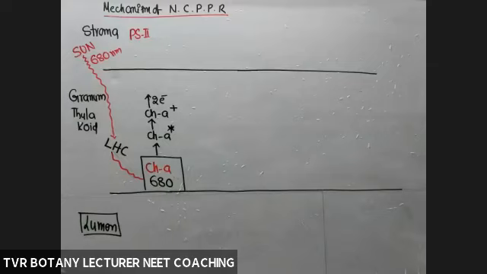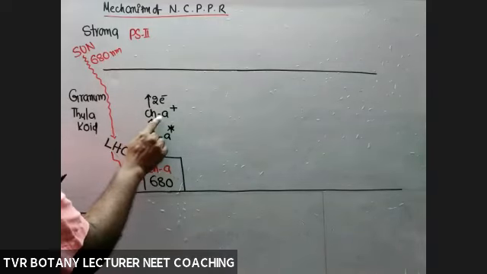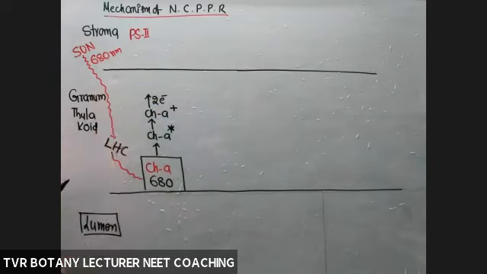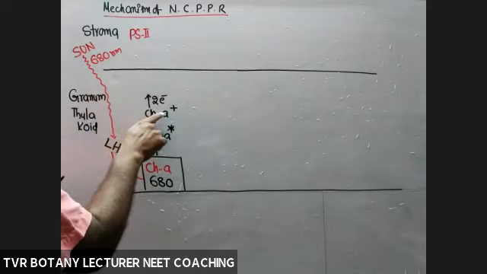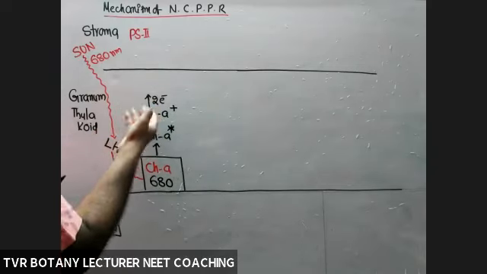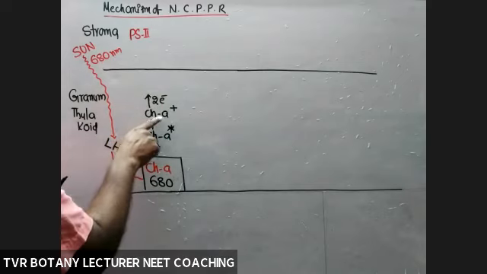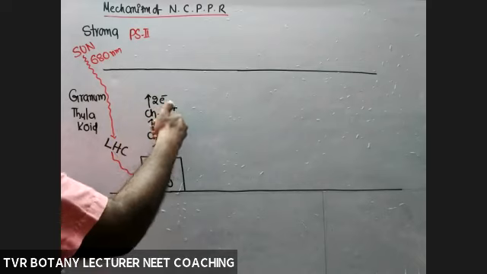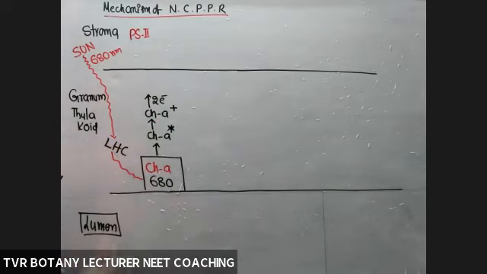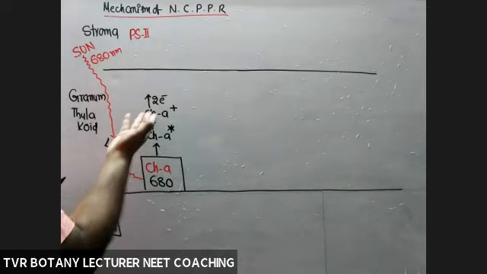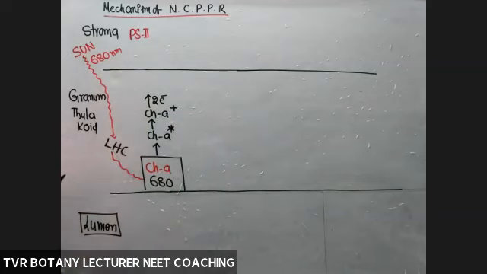So is chlorophyll A oxidized or not? Oxidation is loss of electrons. Now chlorophyll A is at a high energy level, transition state, and it is in oxidized condition.